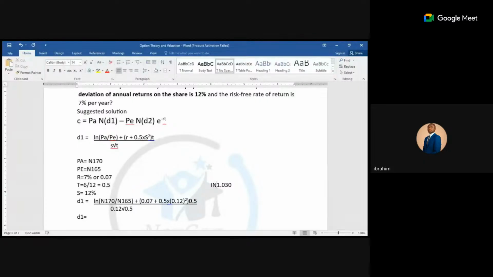Now you need to check from your calculator. Press in 1.030. What do you have? 0.0296.